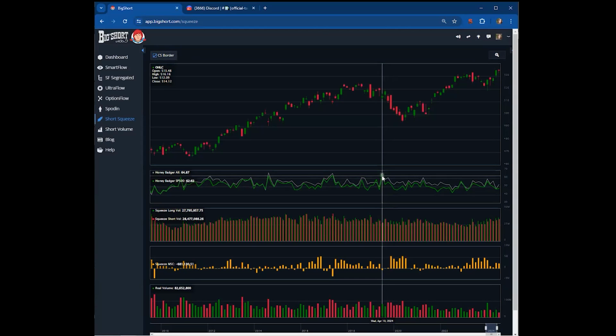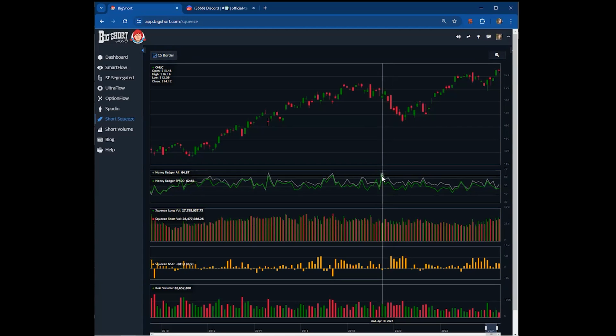If you look on the left-hand side, you'll see that honey badger all is 64.87 and honey badger SP 500 is 62.62. We're looking for those values to be both over 60 for it to be a honey badger day. And the greater that value, the stronger the honey badger day is.